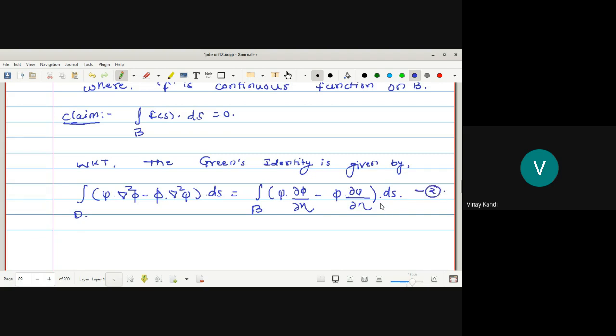Okay, now let us assume psi is equal to 1 and phi is equal to u in equation number 2.